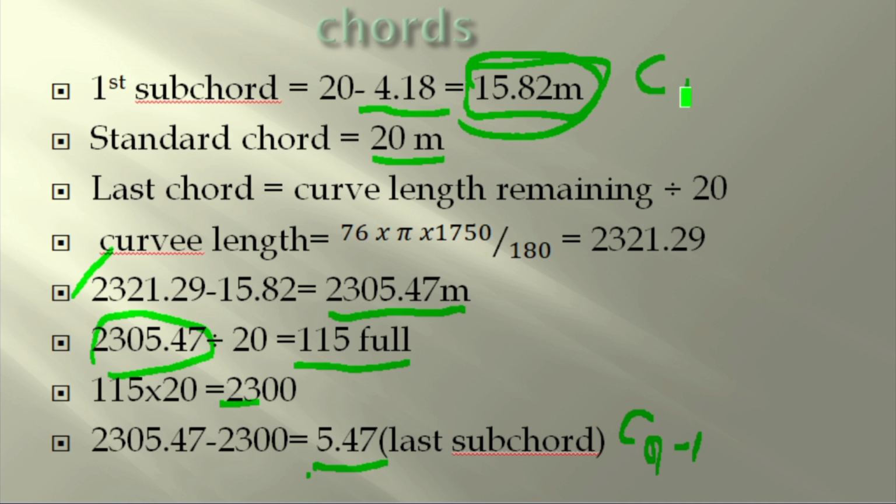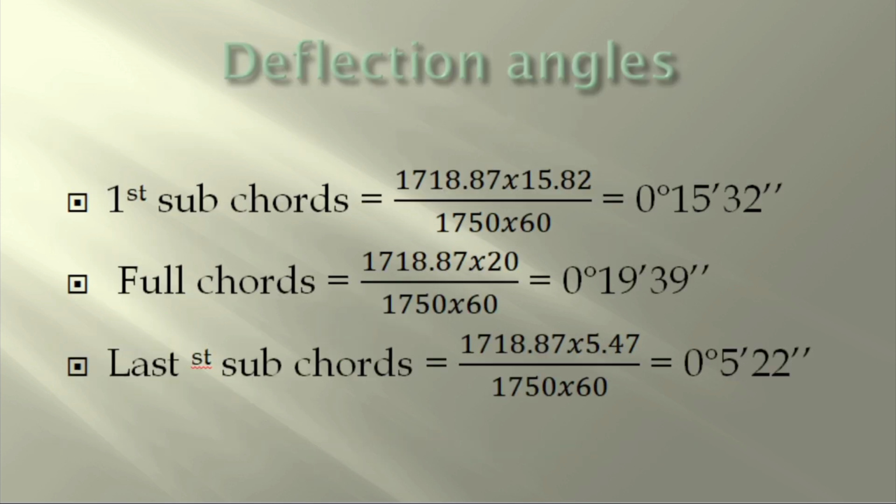So this is C1, and here we can have C2 until all these full chords end. Then the last chord, the last subchord, is 5.47 meters. After getting that, we finally come to the formula which we use.